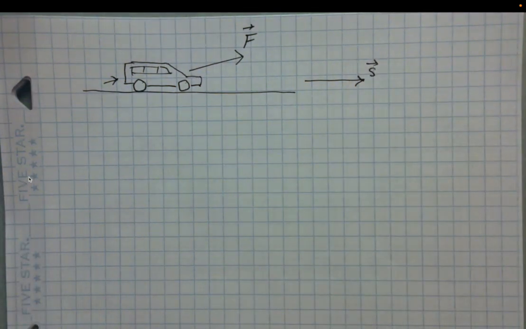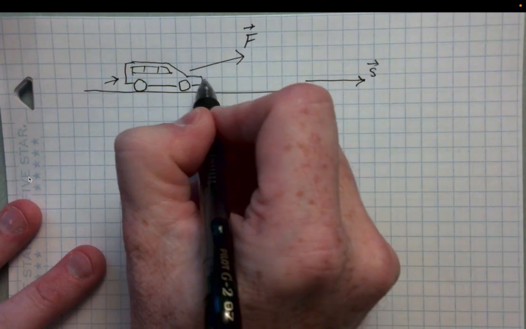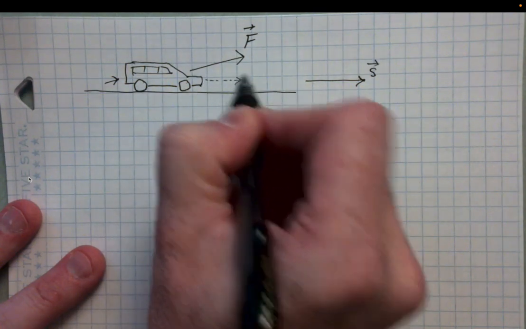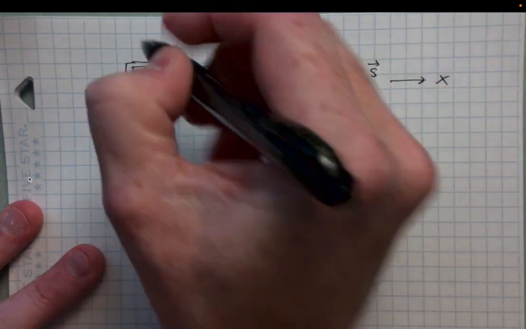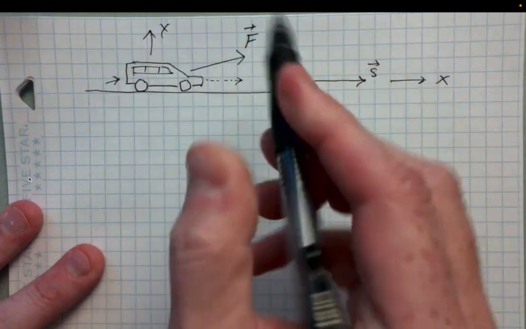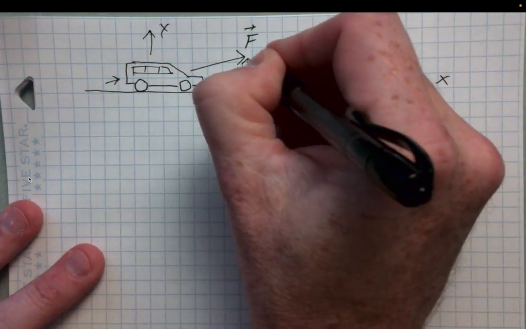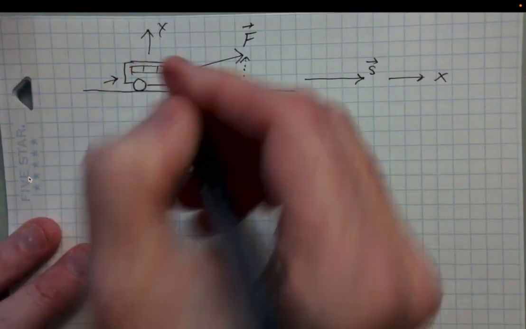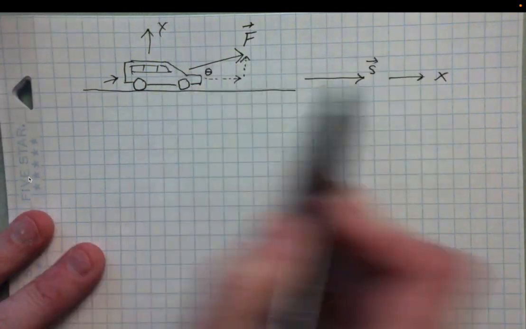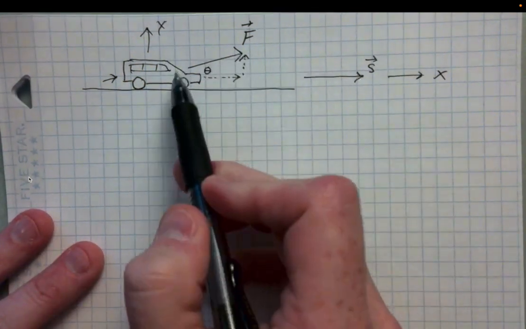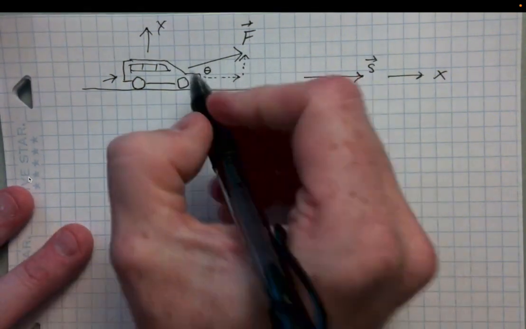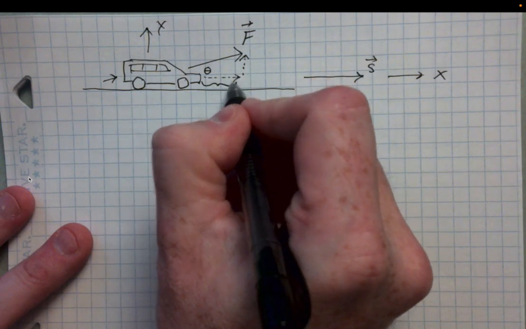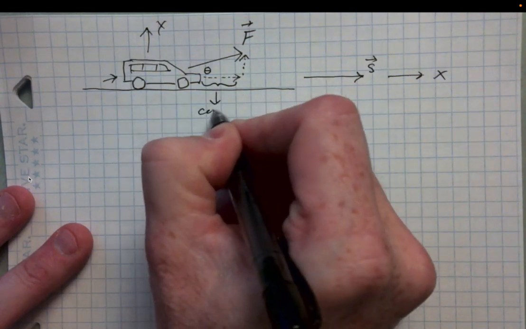So you can think of this force vector as having an x component, and there's a y axis here, and it's also going to have a y component. There's some angle here between the displacement vector s and the force vector F. So really only this part here contributes to work.